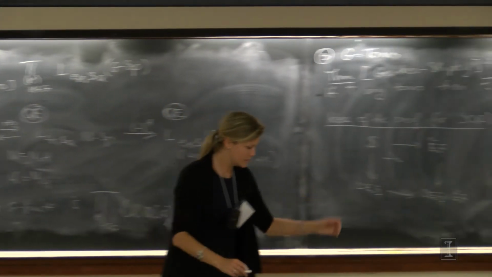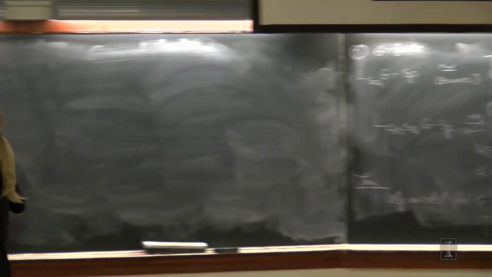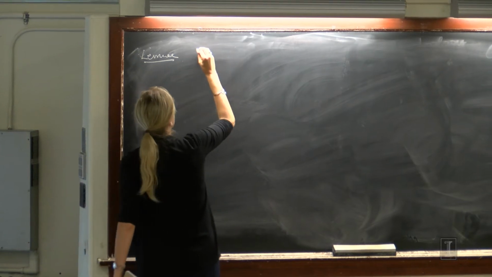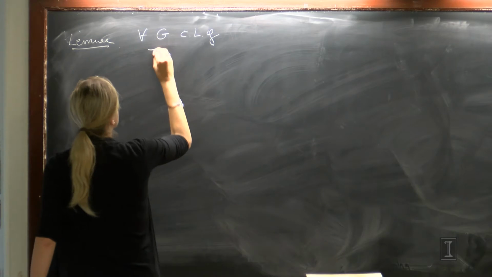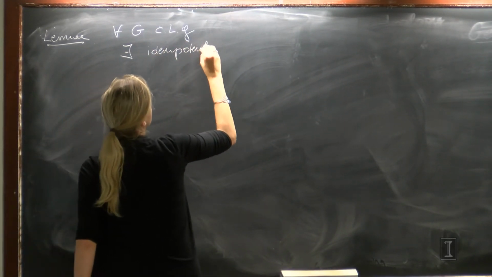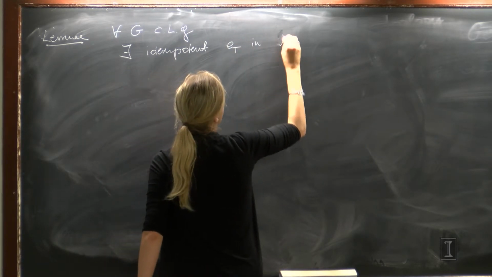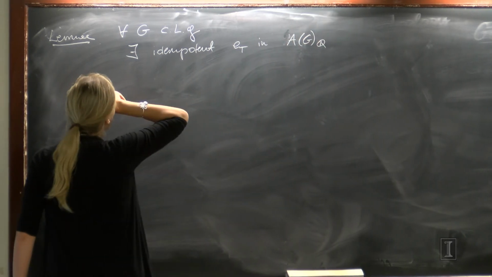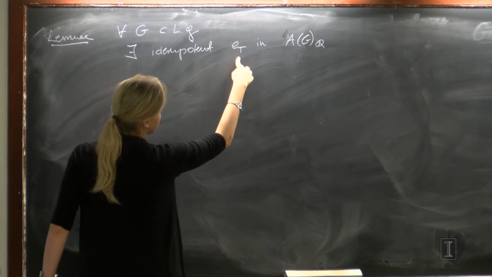Well, in this, I'm coming up to our recent work. So first of all, a little lemma: for any compact Lie group G, there exists an idempotent e_T in the rational Burnside ring, which is really corresponding to the maximal torus and all its subgroups.